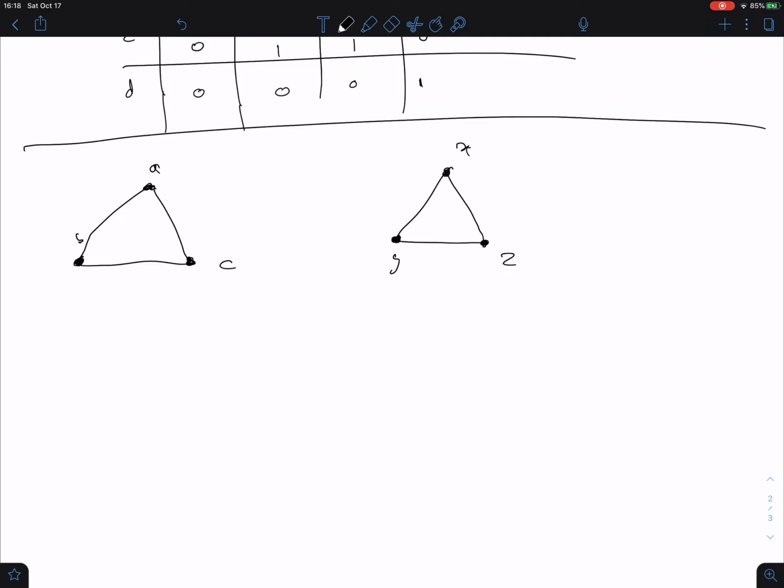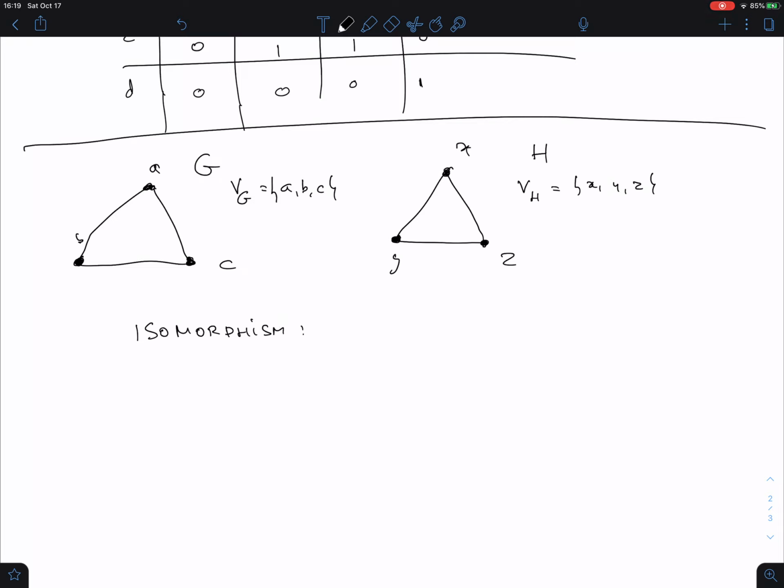So an isomorphism, so we have a graph G here, and the graph H, and the graph G has vertices A, B, and C. So I write V for vertex, subscript G for graph G, and here, this is X, Y, Z. So what is an isomorphism?